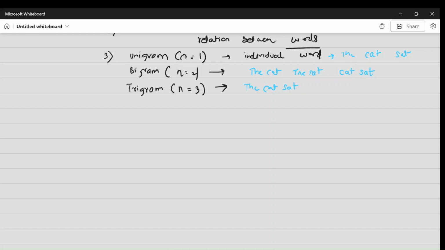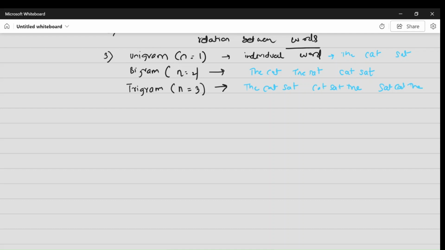Again you are reshuffling the order: first the cat sat, then the cat, sat, and the. Then the third shuffling: sat, cat, the. So you define the order. When I say n-gram, it is not only uni, bi or tri; you can increase it to as large a number as you want.